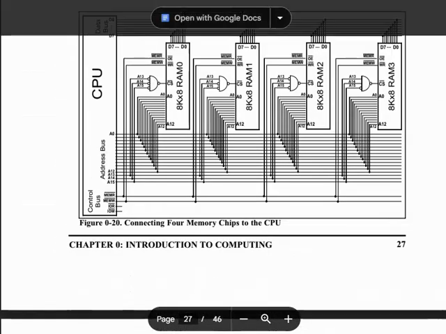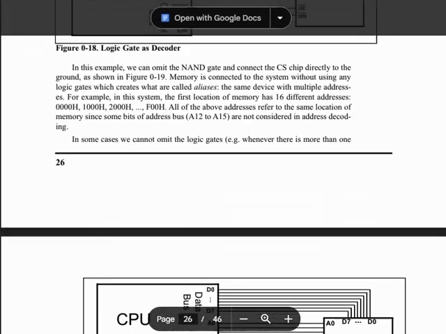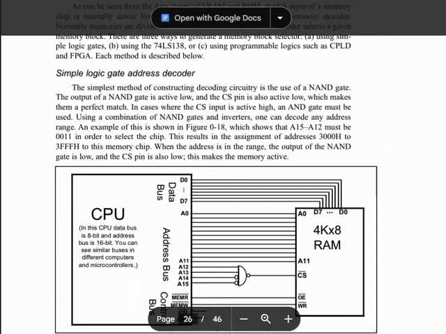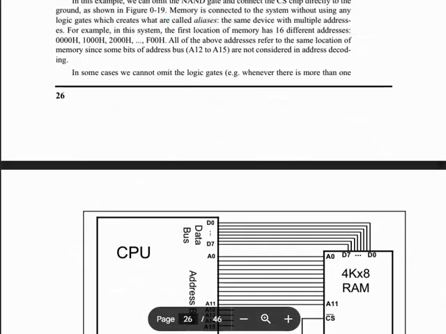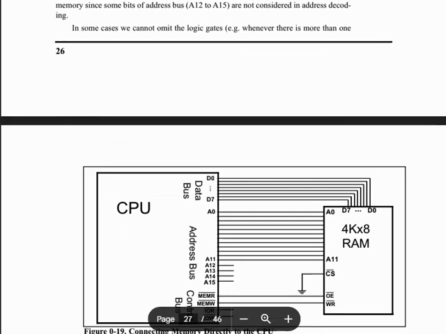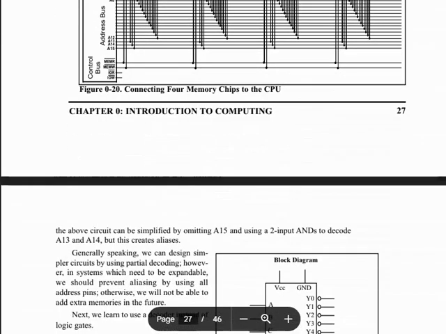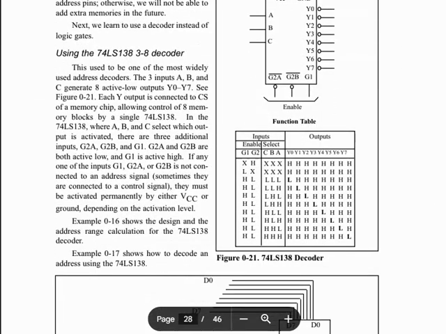Okay, now the topic changes, and it turns to using the 74LS138 decoder.